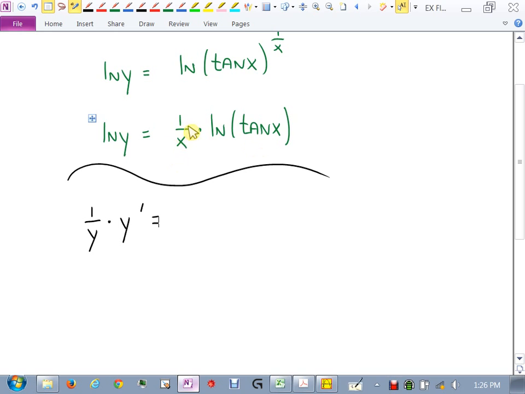Now, the derivative of 1 over x, you have to remember 1 over x is x to the negative 1. So the derivative is negative x to the negative 2, which is negative 1 over x squared. I'm just saying you could get this by yourself, this is not going to be a trip up, hopefully. Negative 1 over x squared is the derivative of 1 over x times natural log tan x.